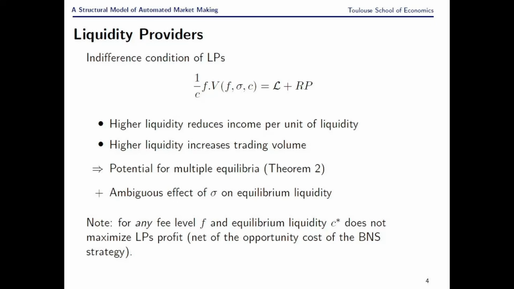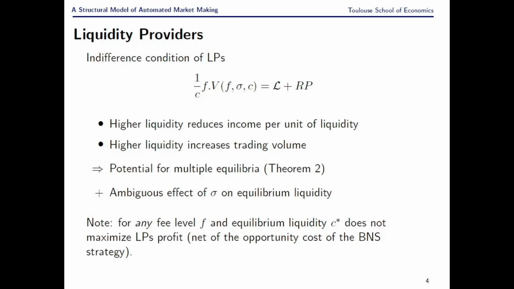If this holds, you're exactly indifferent between putting your tokens in these AMMs or staking them essentially. So this is your fee revenue per unit of liquidity, and this has to compensate you exactly for your impermanent loss plus this risk premium.